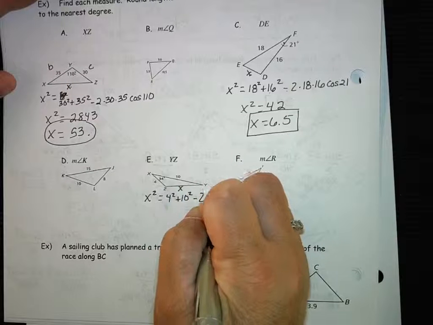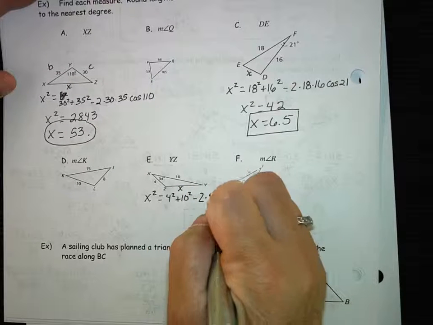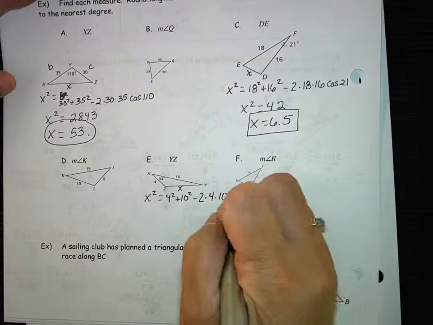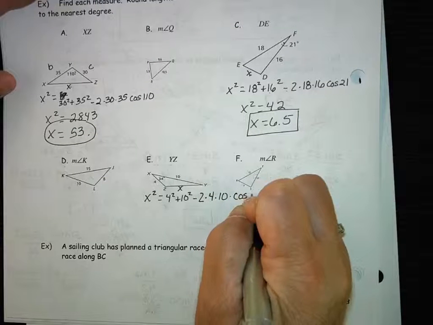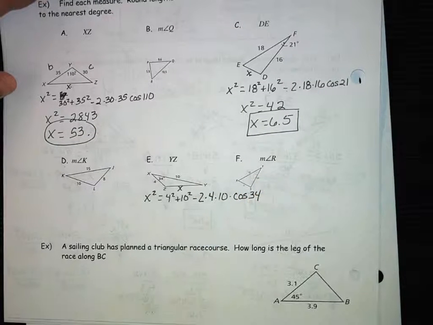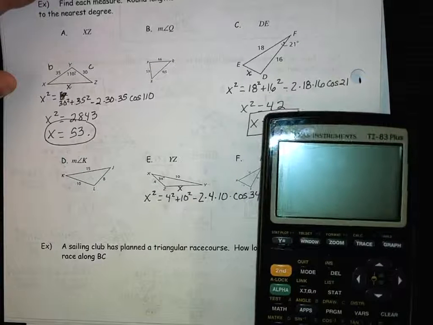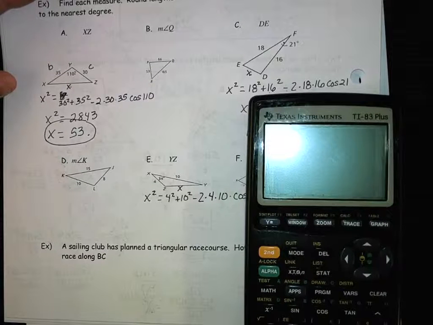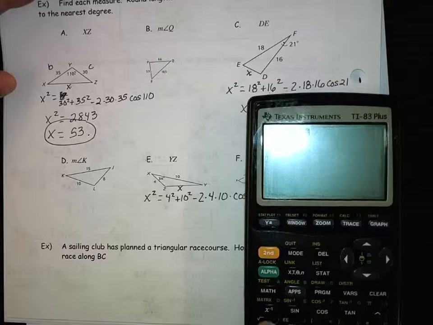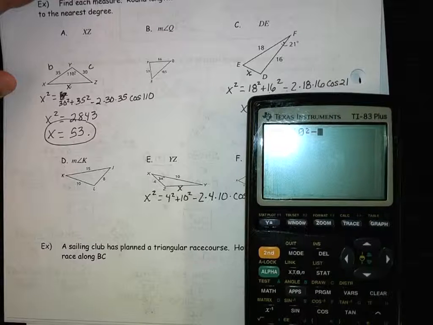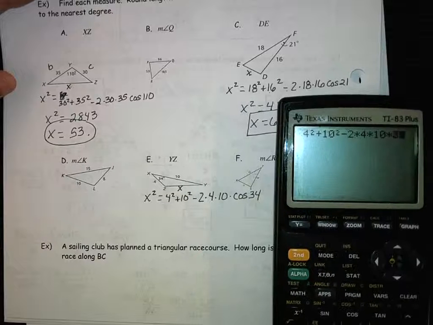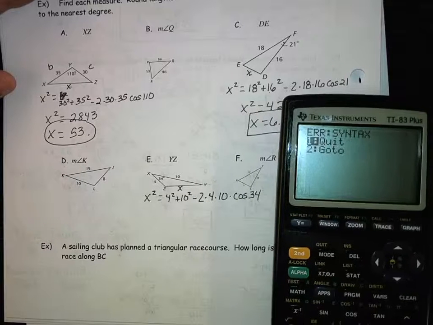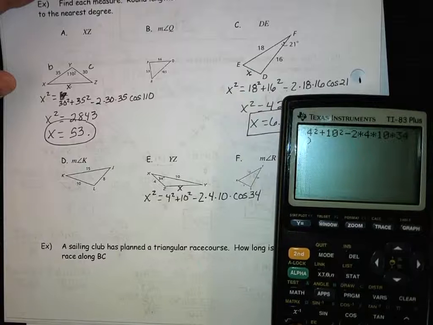minus 2 times 4 times 10 times the cosine of 34. Well, entering that in our calculator, 4 squared plus 10 squared minus 2 times 4 times 10 times the cosine of 34.